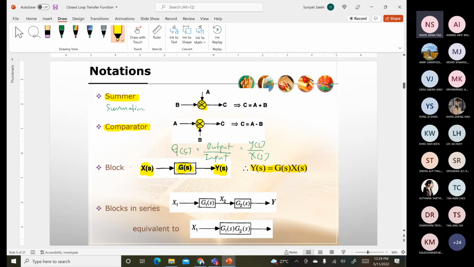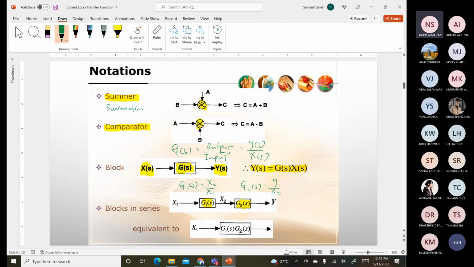So if we have it in series like this, you have G1 connected to another block diagram, which is G2. We develop from the definition of the transfer function where G1(s) equals X2 over X1, and G2(s) equals Y over X2.